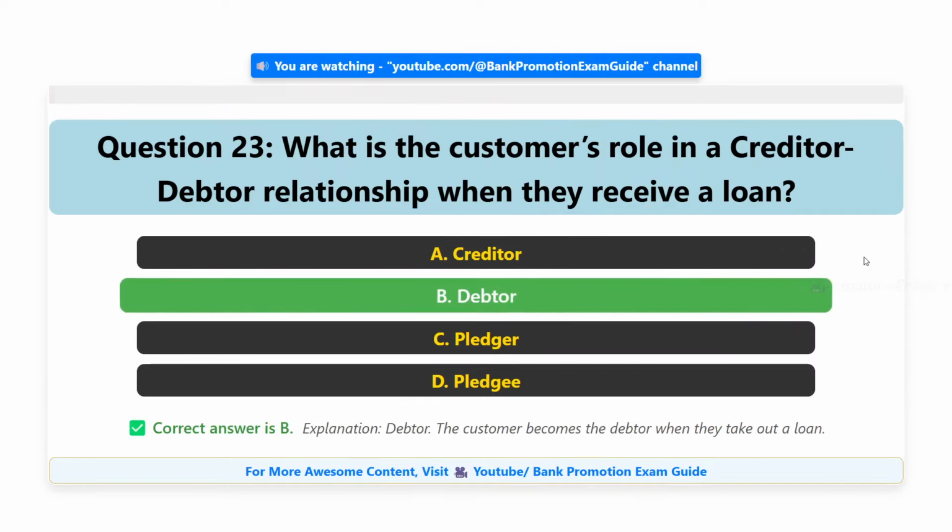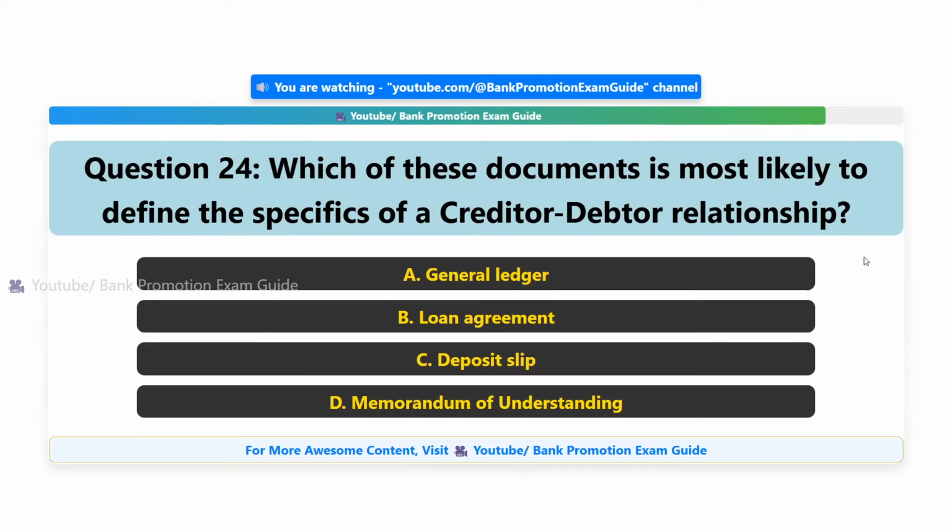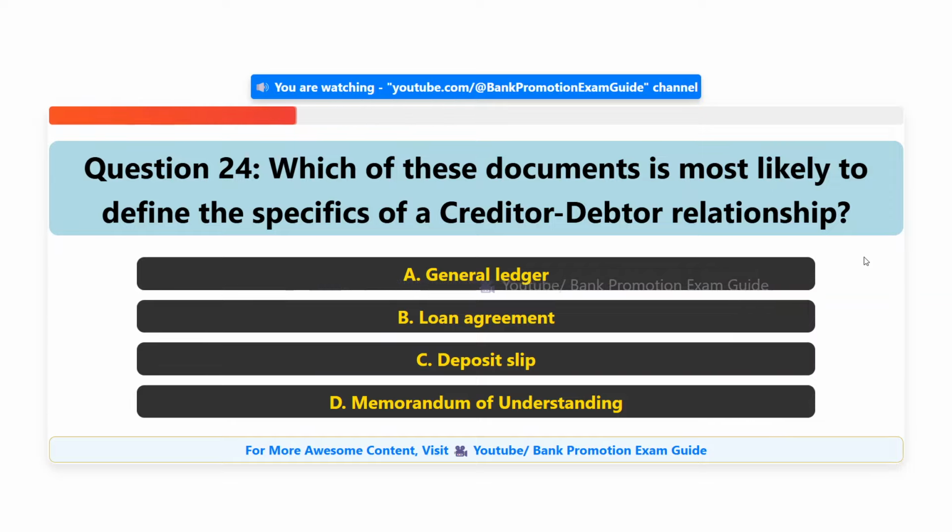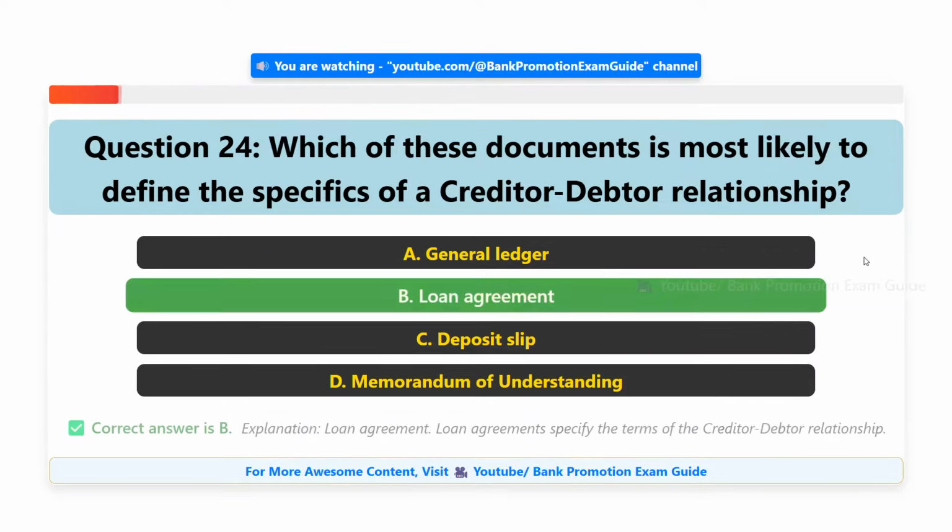Debtor. The customer becomes the debtor when they take out a loan. Question 24. Which of these documents is most likely to define the specifics of a creditor-debtor relationship? Loan agreement. Loan agreements specify the terms of the creditor-debtor relationship.